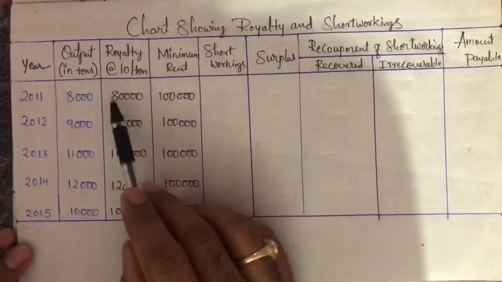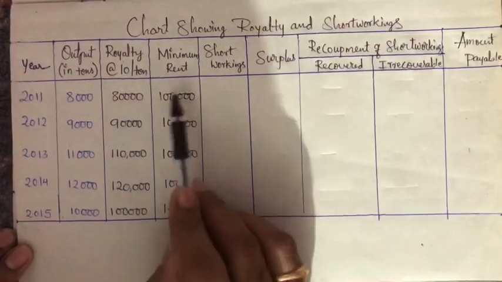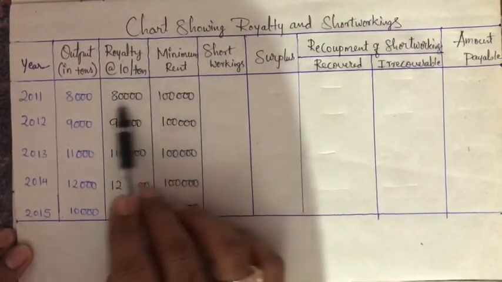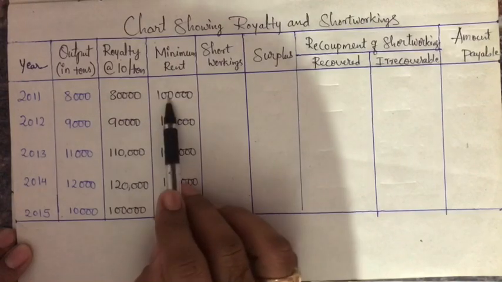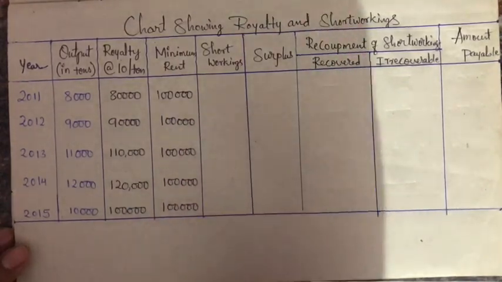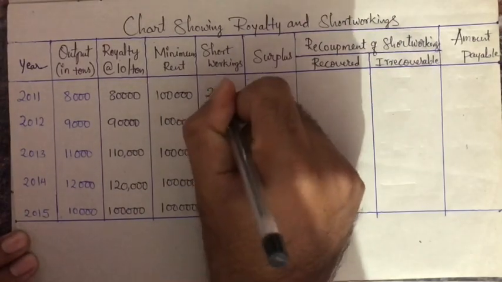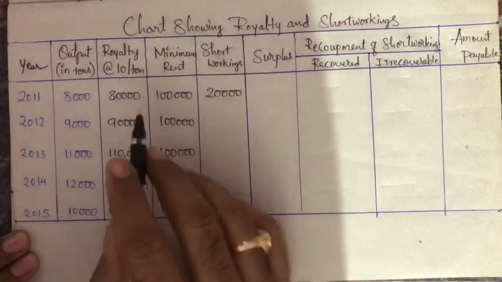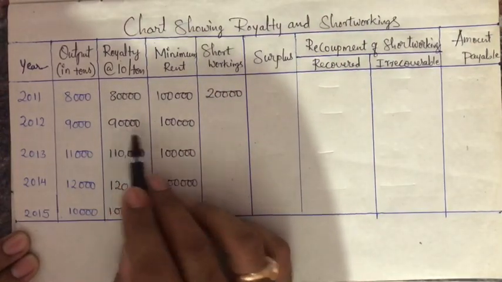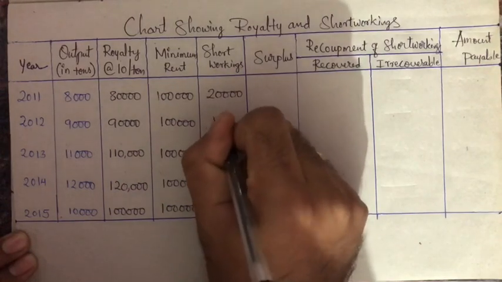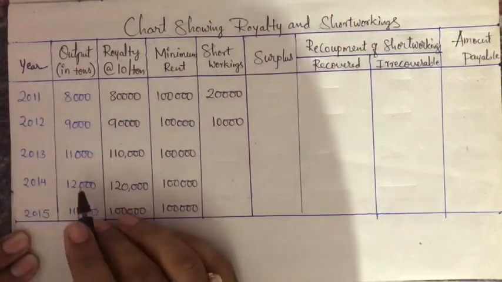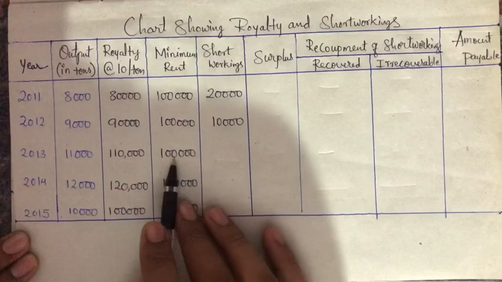What is short workings? If royalty is less than the minimum rent, how much less is it? It is 20,000 less than the minimum rent. So we have to pay 20,000 out of our own pockets. This 20,000 is called short workings. In the second case, 90,000, that means 10,000 is less than the minimum rent, so that is short workings. In the third case, there is no short workings.